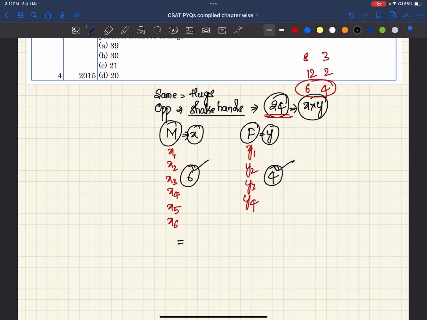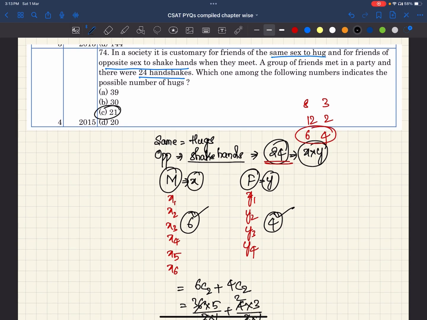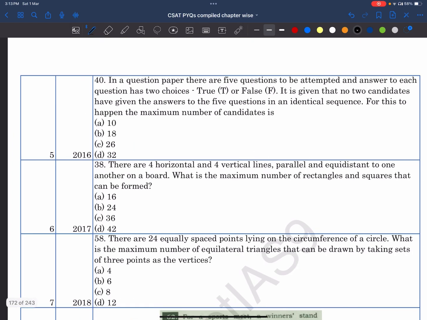Hugs within male, that means 6C2, plus, it is asking total number of hugs, right? So hugs within females will be 4C2. What is the value? 6 into 5 by 2 into 1 plus 4 into 3 by 2 into 1 is 15 plus 6. There are 21 hugs. Right?